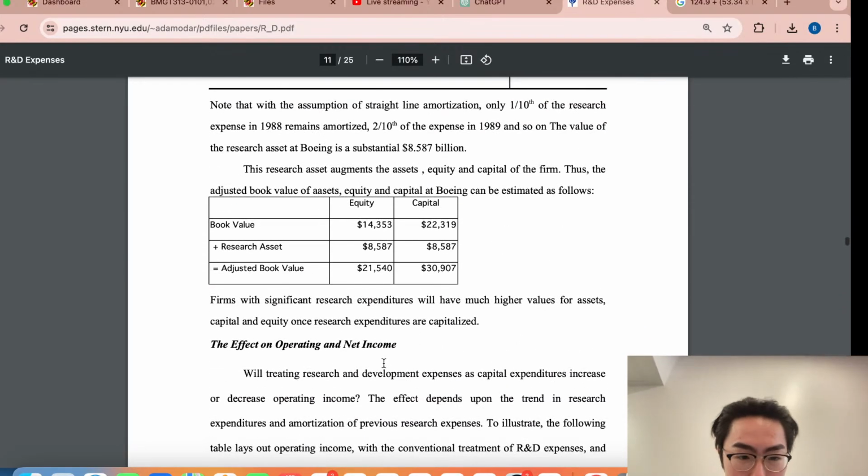So Damodaran actually just adds the research assets to the book value of equity and capital.